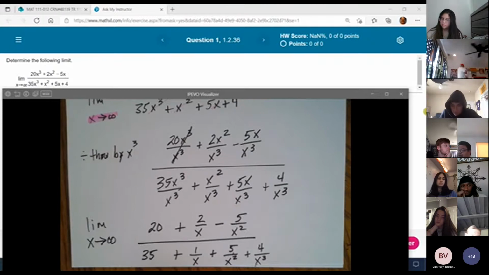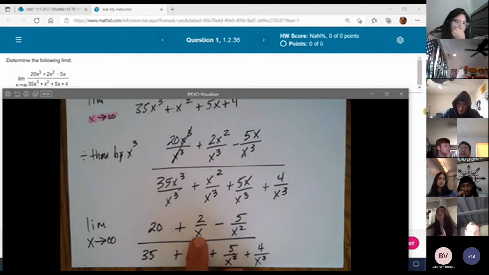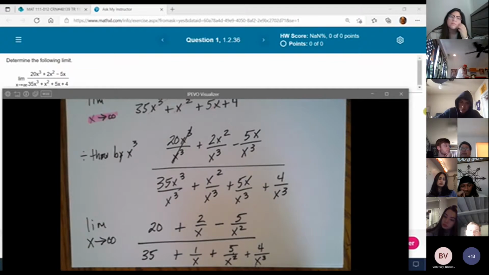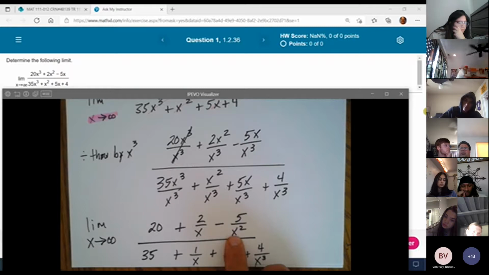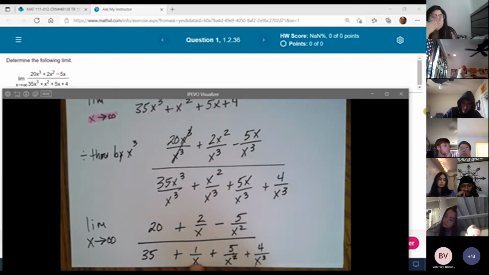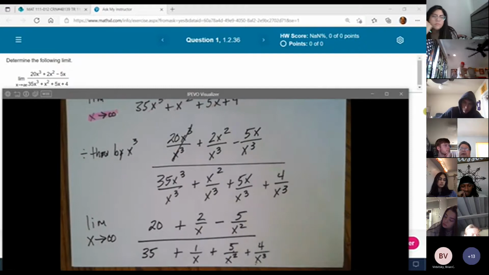Oh, come on, people. What happens when you plug big numbers into 2 over x? What happens when you plug in big numbers into 5 over x squared? What happens when you plug in big numbers into 1 over x? What happens?